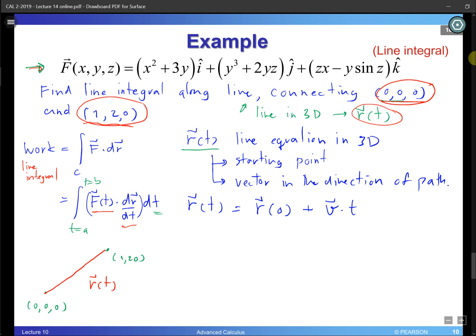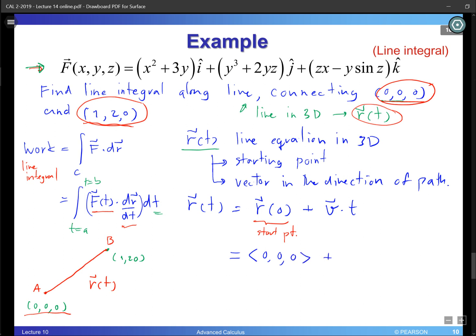In order to do that, let's put this point, first point A and this point B. So the starting point, the starting position for this line is going to be this, which means that the position vector of the starting point is 0, 0, 0.